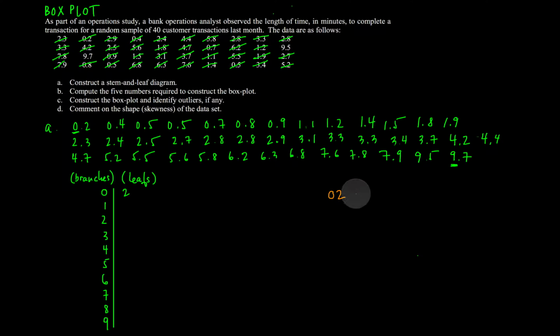So then, in order to find the leaf unit, what you have to ask yourself is, what do I have to multiply this number by in order to get the actual data point, which is 0.2? So in this case, it would be times 0.1, and this would give me 0.2. So notice how this is my actual data point.